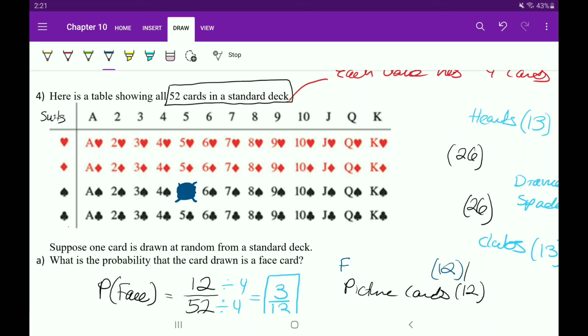If you remove the 5 of spades out of your deck, you no longer have 26 black cards. You will now have 25 black cards. So the probability that the second card will be black will be 25 remaining black cards in our deck out of the 51 cards that remain in total.